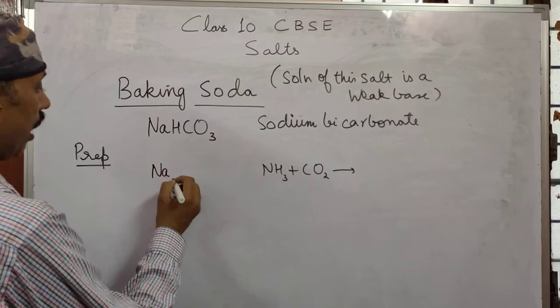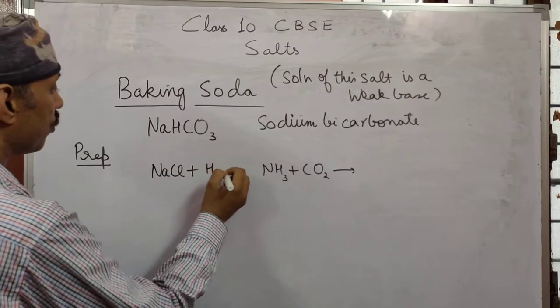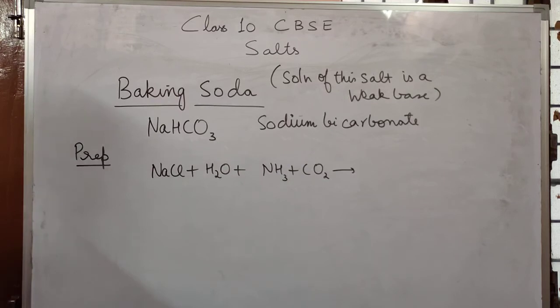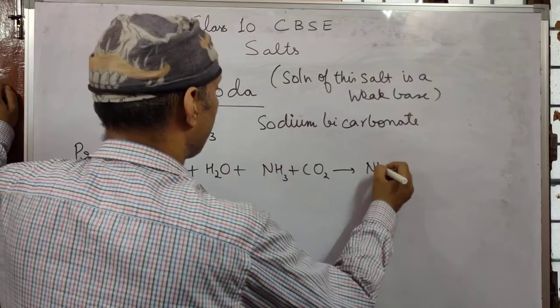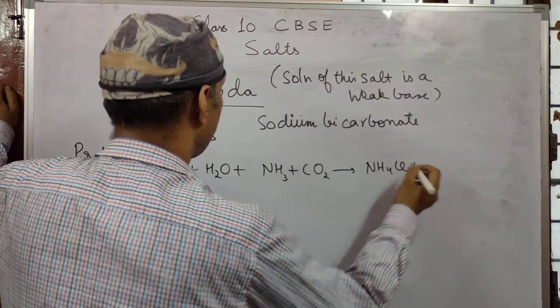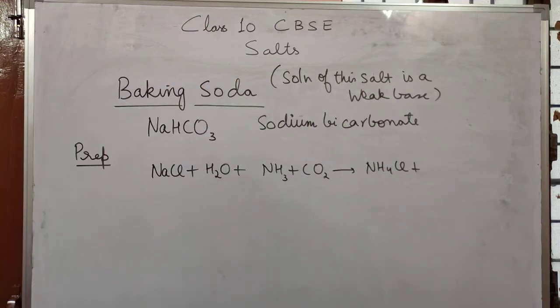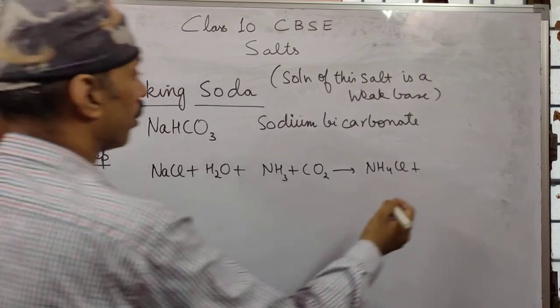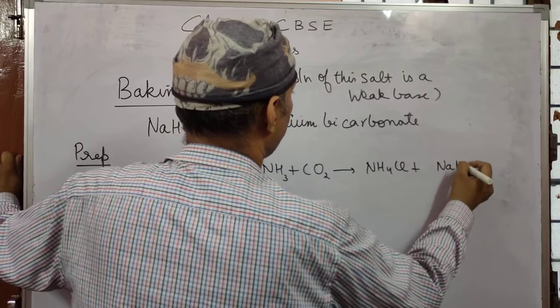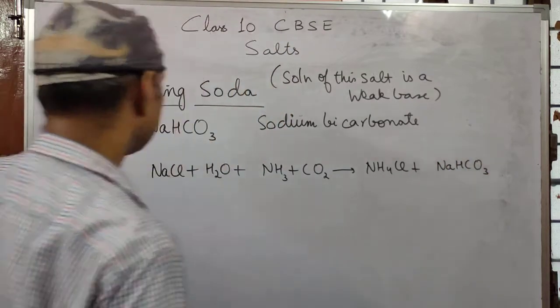I think you add NaCl plus H2O. अभी इसको react करके बताओ क्या बन रहा है उधर. I think it will give you NH4Cl plus NaHCO3. जरा बैलेंस करके देखो.